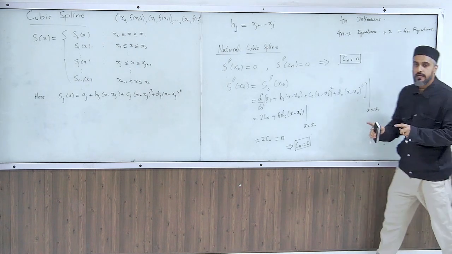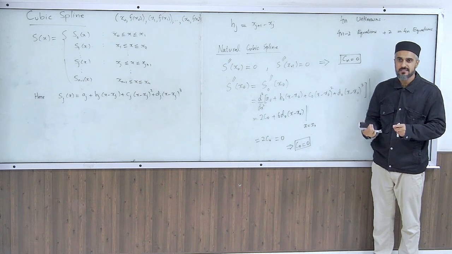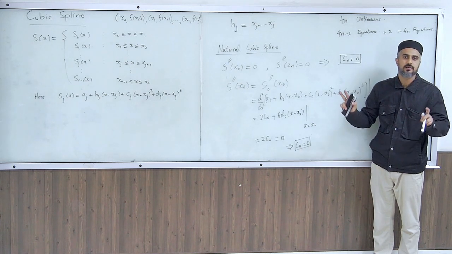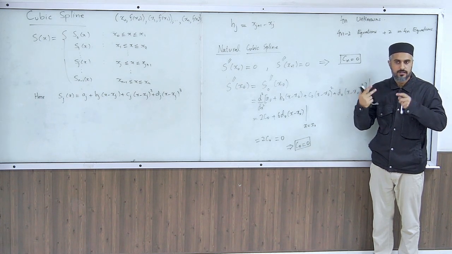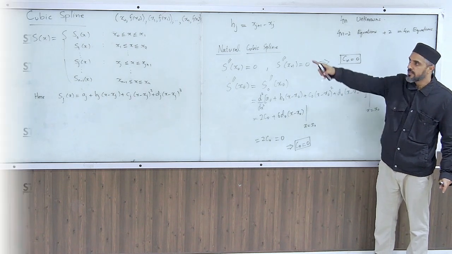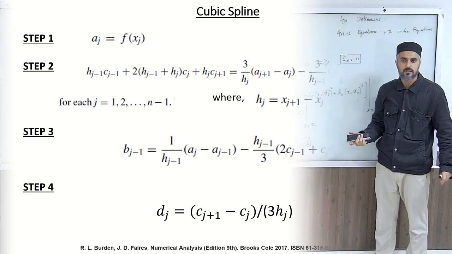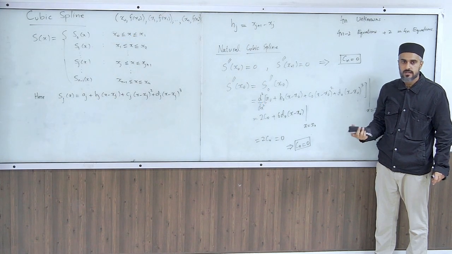So whenever we're using natural cubic spline, c0 and cn will always be 0. You see at the top right corner, if you're using a natural spline, then these are the conditions. There are other cubic splines, which are clamped cubic splines. Majorly we use natural and clamped cubic splines.